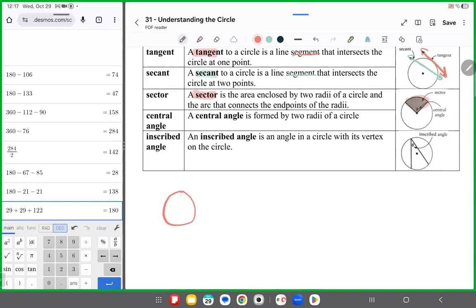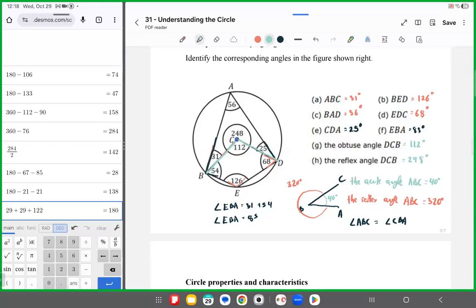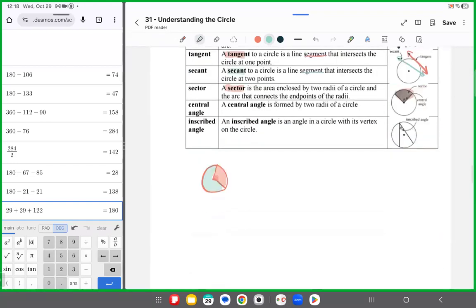So here's our circle, and the sector might be this. Now you could have a sector the other way, in which case you would have to differentiate that and call that the reflex angle. So you know how earlier up here we talked about the reflex and the obtuse angle? This is what we're talking about.